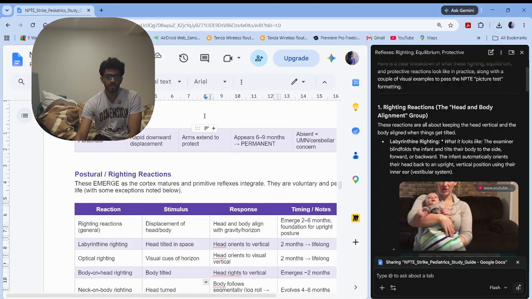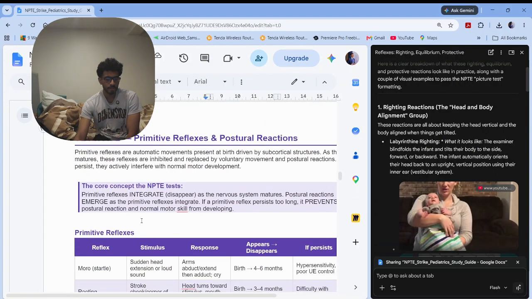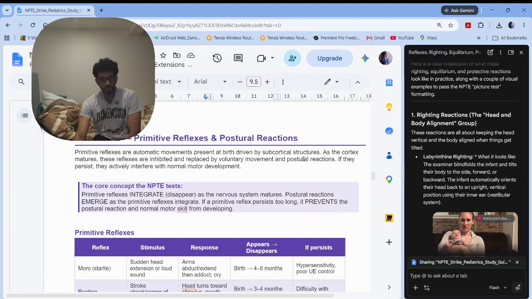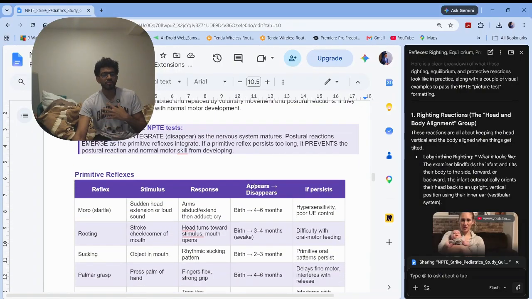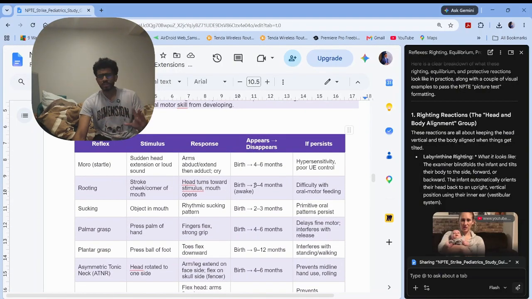If you look at all these primitive reflexes, these are not mature. These are subcortical, right? So these primitive reflexes are driven by the subcortex. Once your brain starts developing, the cortex starts to take over, and all these primitive reflexes start to diminish, but some of them stay there.